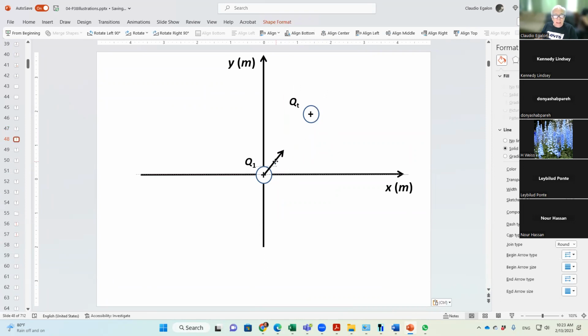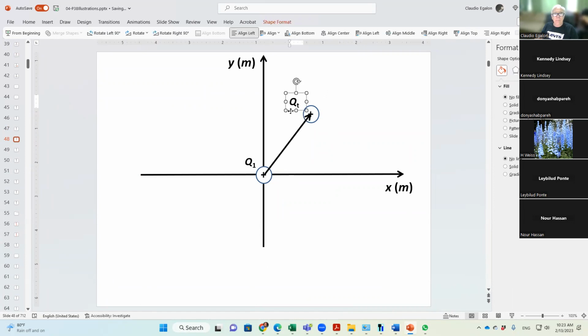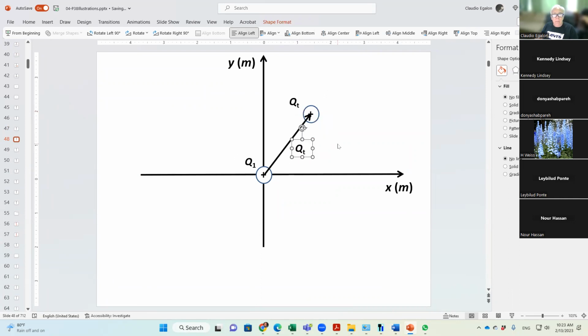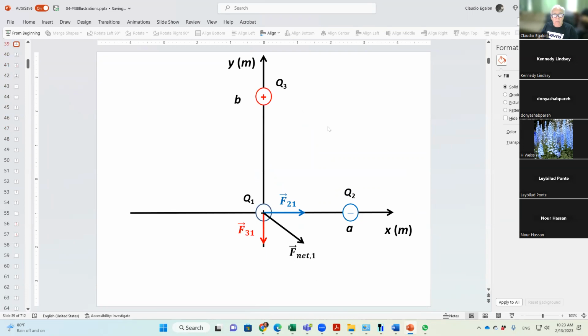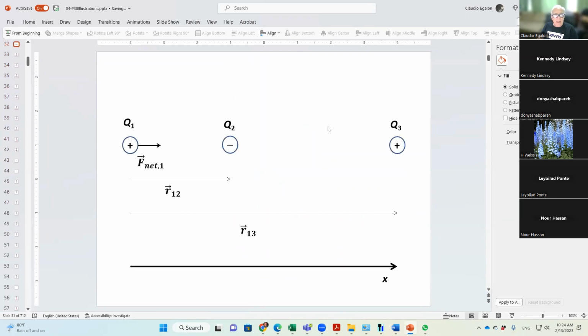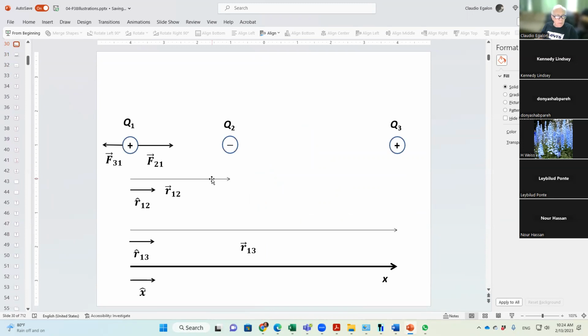It's gonna be the vector that goes from the main charge 1 to the test charge QT. And let's see if I can get my vector position that I had before. Yeah, here you go.